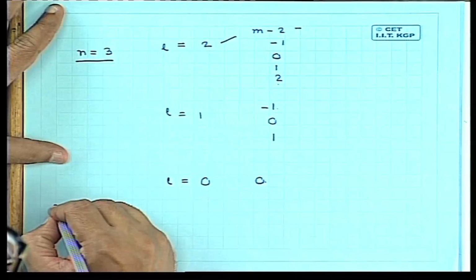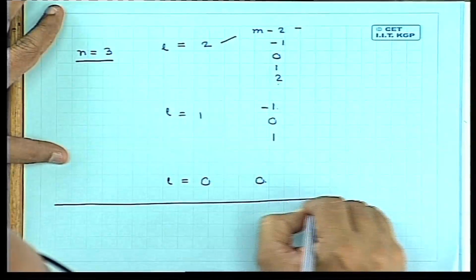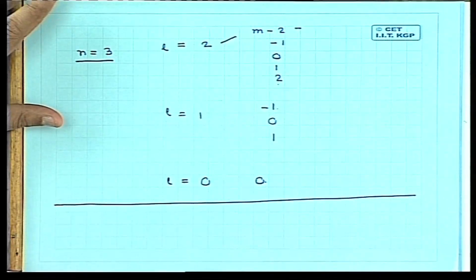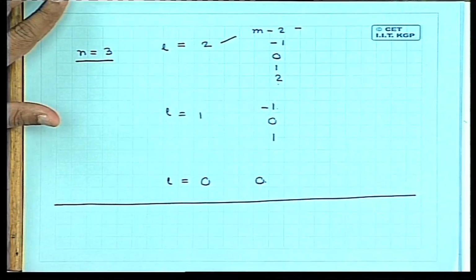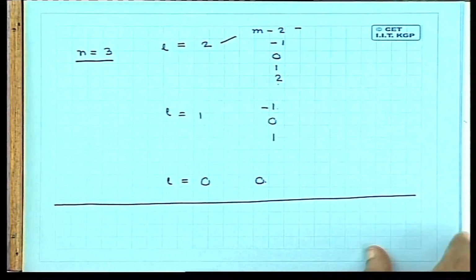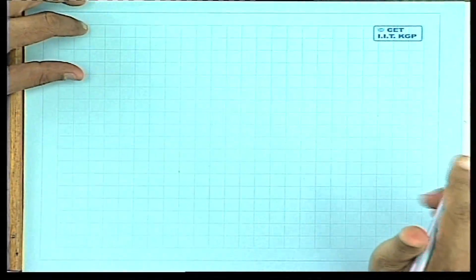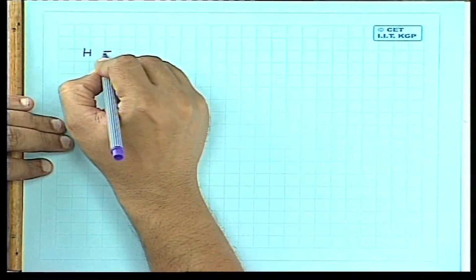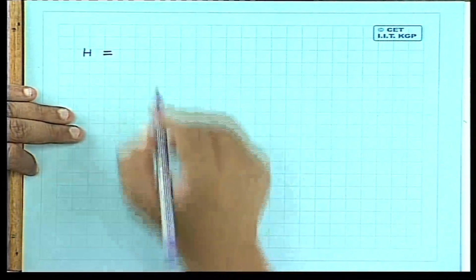Now, what is the level of degeneracy that you expect for the hydrogen atom problem? Let us just try to see this. Let us go back to the Hamiltonian for the hydrogen atom problem. The Hamiltonian can be written in this form.